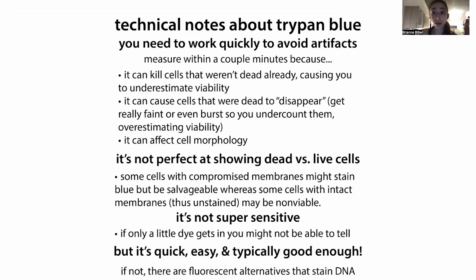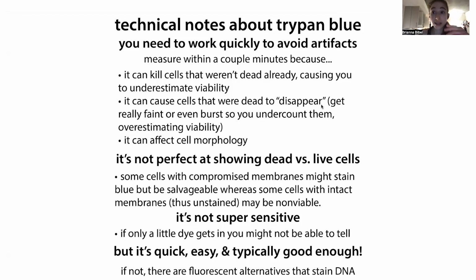It's only if you need more sensitive or more exact measurements that you would potentially go to a different method, like something fluorescent. But then you're going to need special equipment, whereas here you just need the microscope. You don't need that Countess machine, you just need the microscope, and that will do.